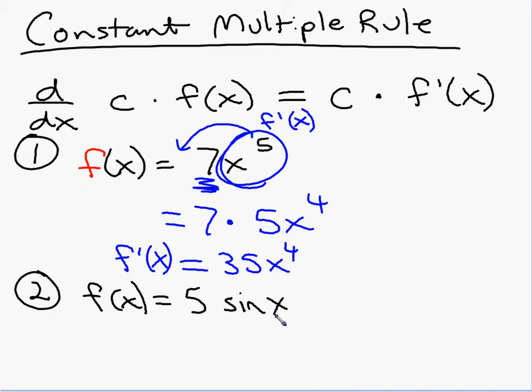Now what did we learn? The derivative of sine is cosine. This rule says that the derivative would be 5 cosine of x. The 5 comes along for the ride. It gets multiplied by whatever my derivative is. Very, very important rule with those constants.